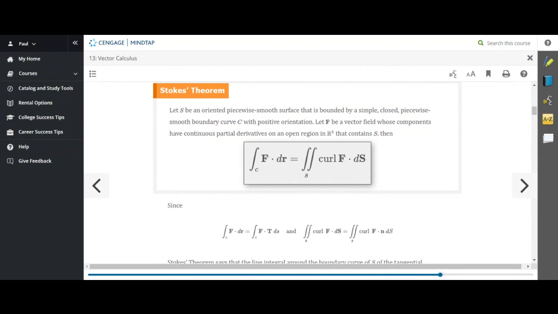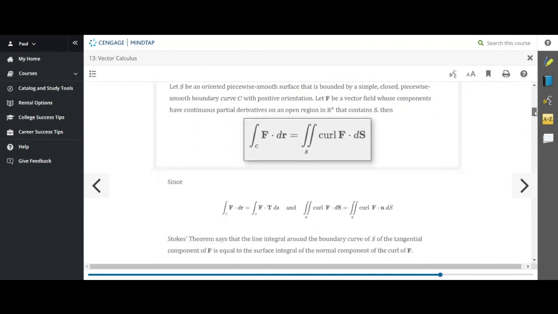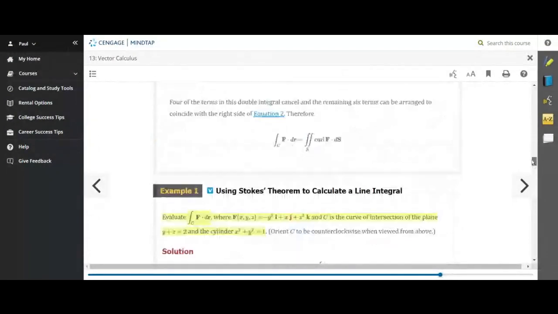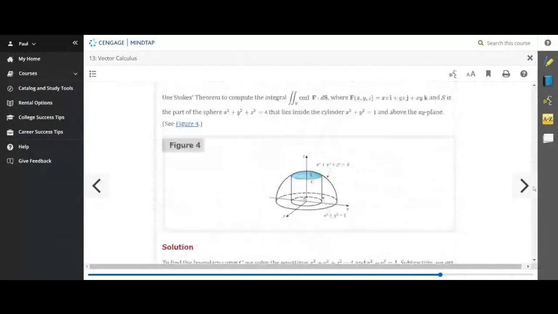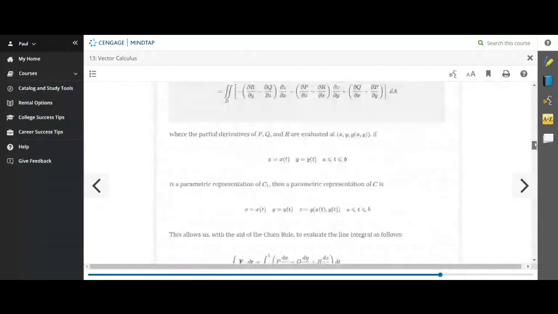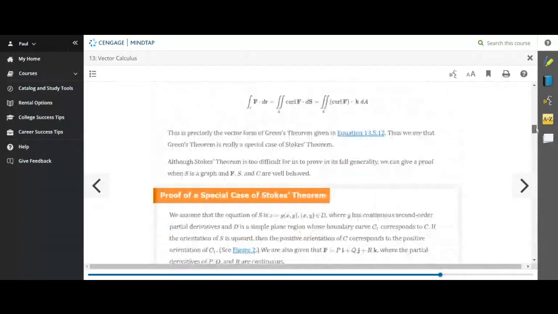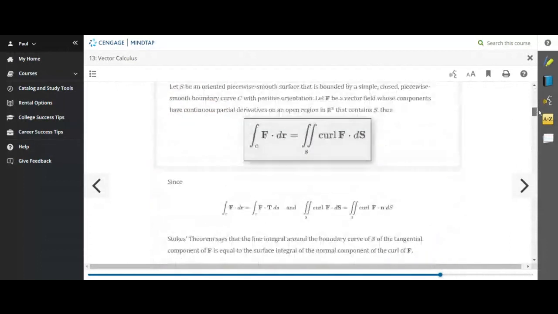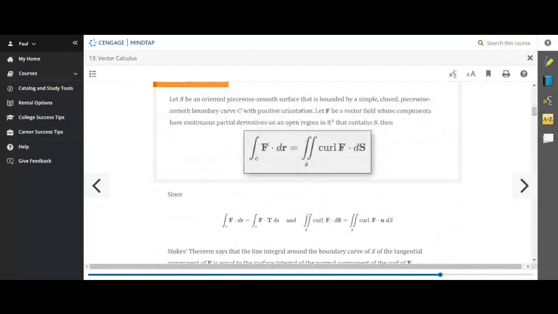I think it's worth mentioning a little bit about Stokes here. Usually there's a biographical note here, but sometimes it's a little hard to find in the ebook. I can't find it, but I'll just mention it.